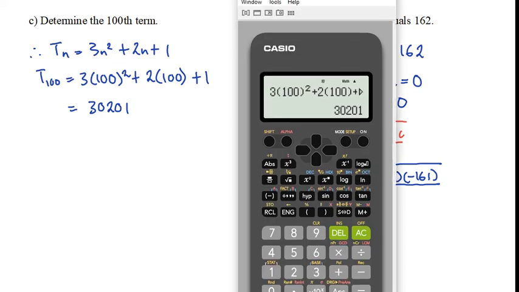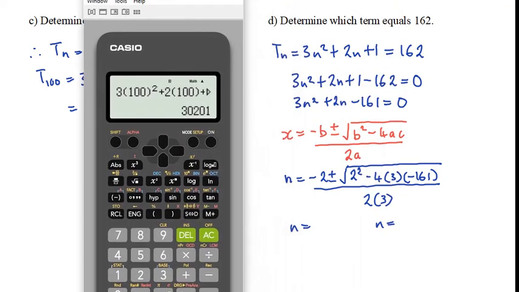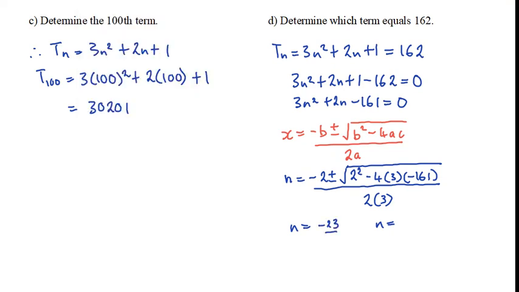So we're just going to bring up our calculator again, and let's use our calculator to enter that. So that's going to be negative of 2. Okay, so we can start with the minus: square root of 2 squared minus 4 by 3 by negative 161, over 2 by 3. Okay, so the first solution is negative 23 over 3.